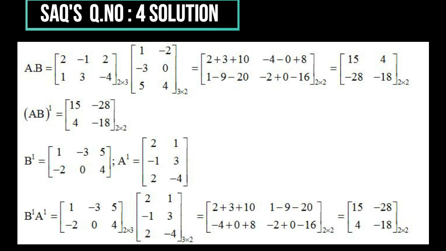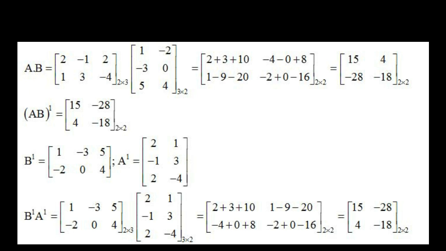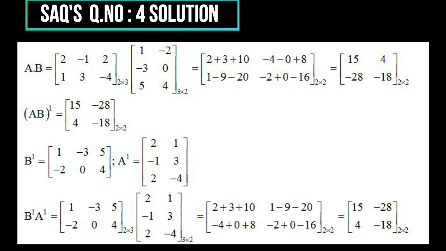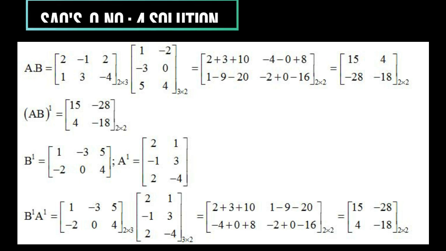Next multiply the second row with first column, 1 minus 9 minus 20, and the second row with second column, minus 2 plus 0 minus 16. Simplifying we get 15 4 minus 28 minus 18. AB whole dash is interchanging the rows into columns, that is equal to 15 minus 28 4 minus 18.